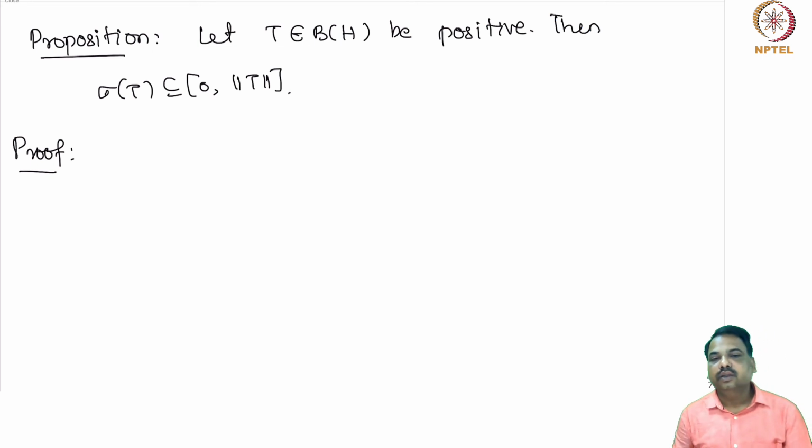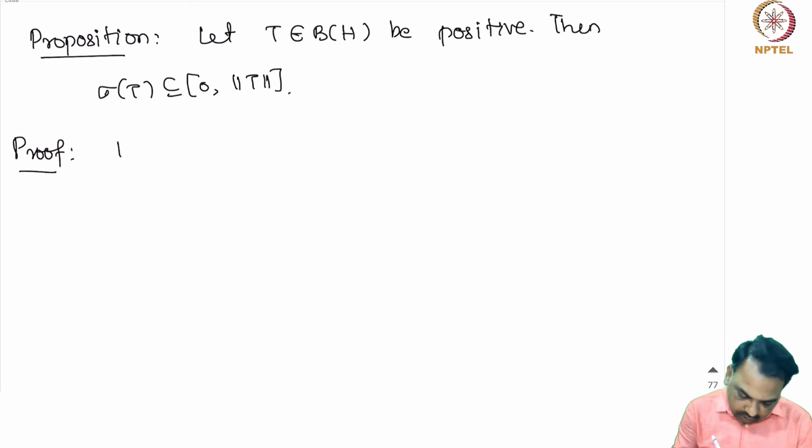So since T is positive, T is self-adjoint, and this implies the spectrum of T is contained in R.